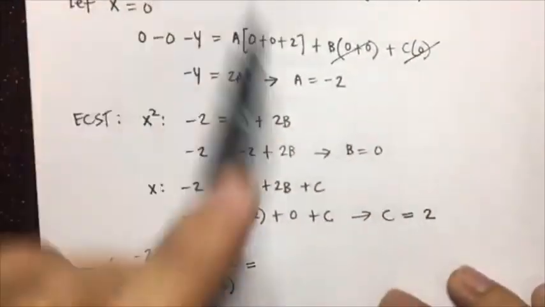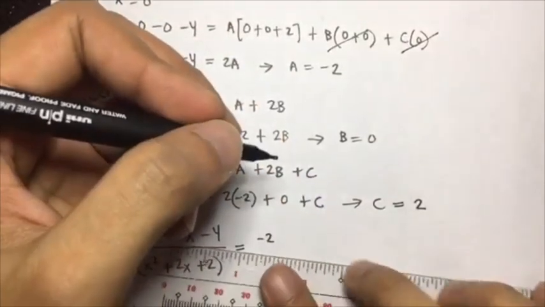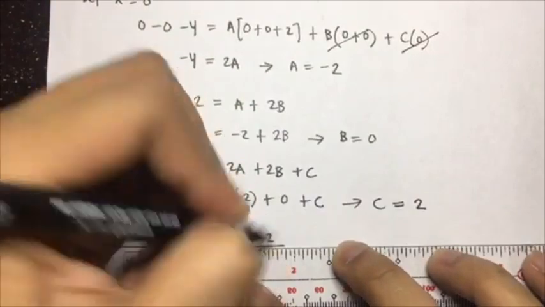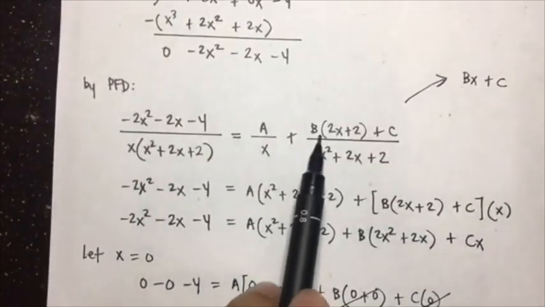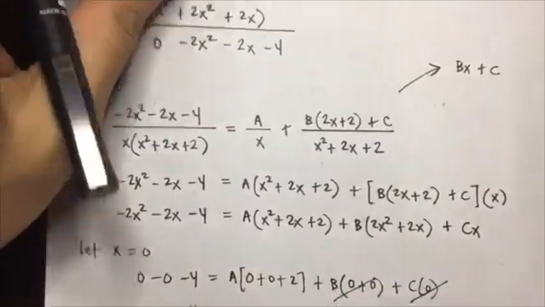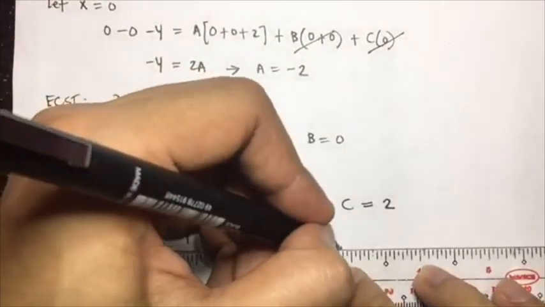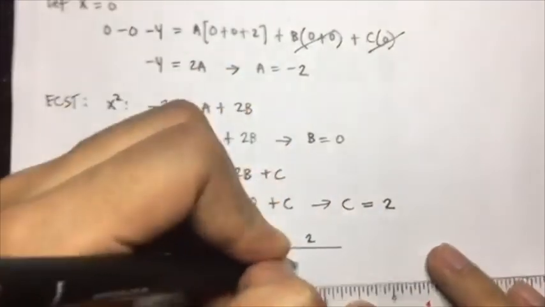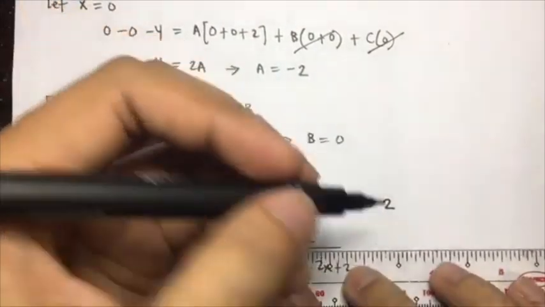So a over x, therefore it's negative 2 over x. So negative 2 over x plus, we know that b is equal to 0, so only c will remain. So c over, where c is equal to 2, so plus 2 over x squared plus 2x plus 2.